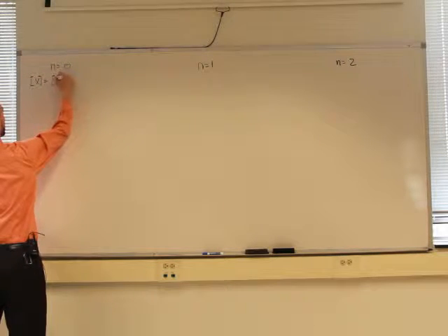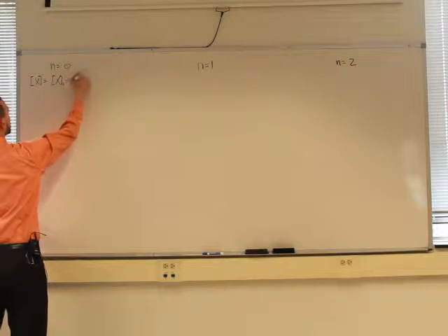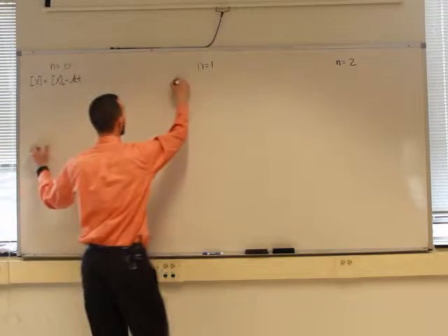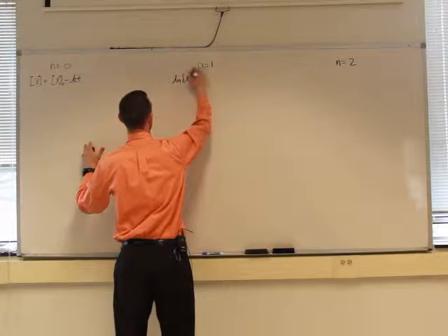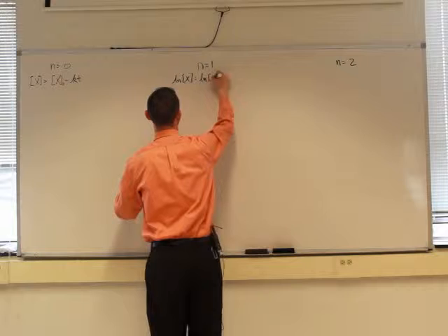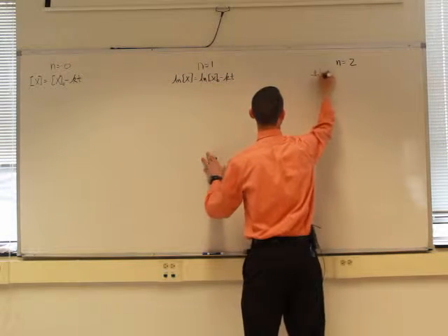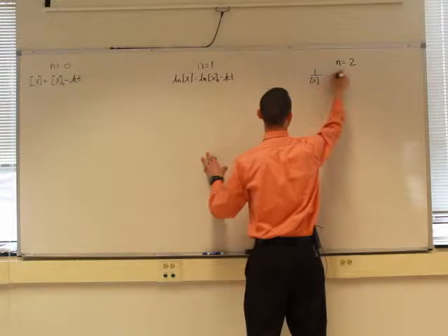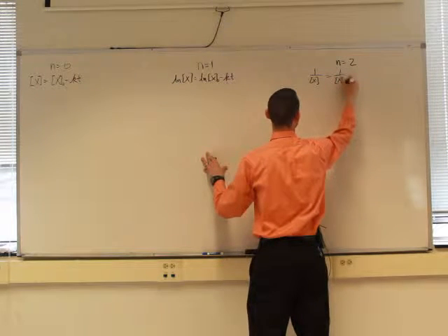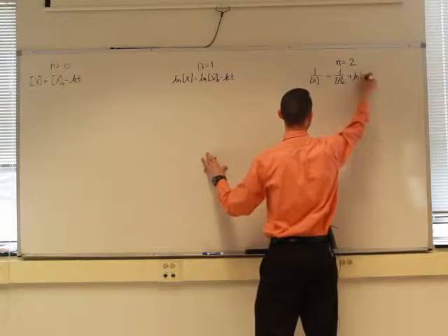x equals x0 minus kt. ln of x equals ln of x0 minus kt. 1 over x equals 1 over x0 plus kt.